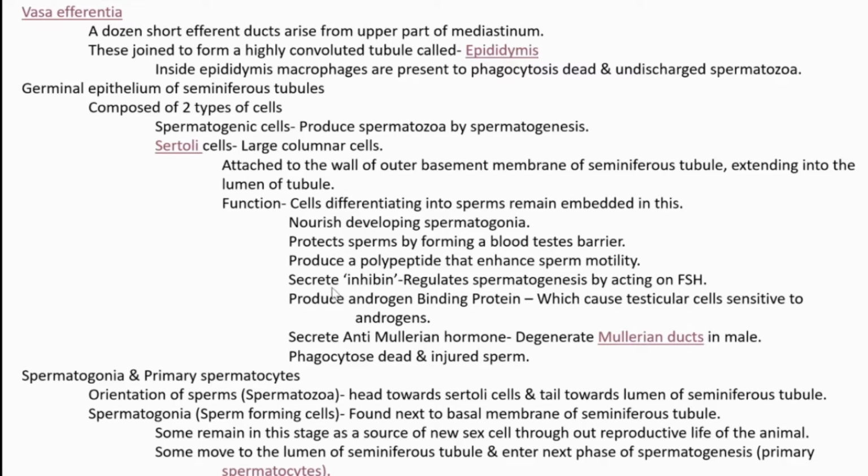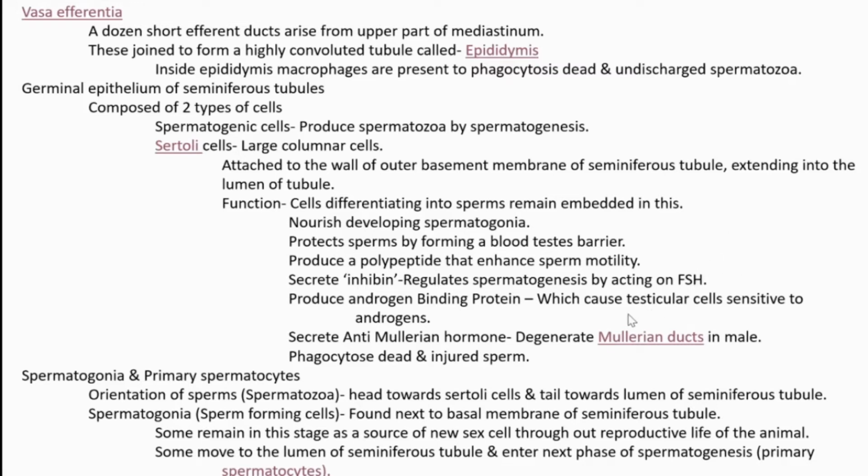Next function, it secretes inhibin. What is the role of inhibin? It regulates spermatogenesis, that means the formation of sperm, by acting on follicle stimulating hormone. That we will learn later. Next function, it produces androgen binding protein.